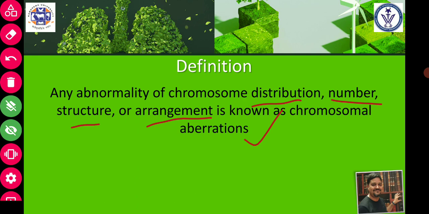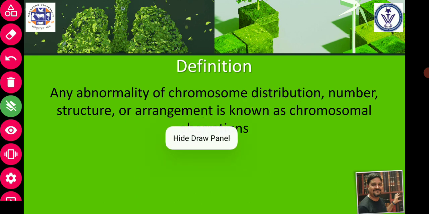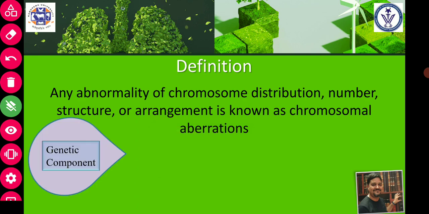So now, we know the structure or phenotype of an individual is controlled by genotype. That is, it has a genetic component, and the genetic component along with the environment controls the development of an individual.